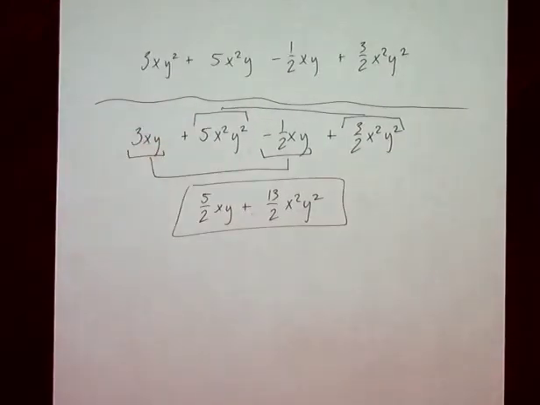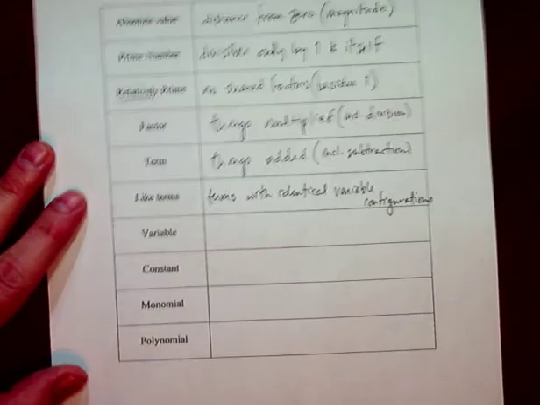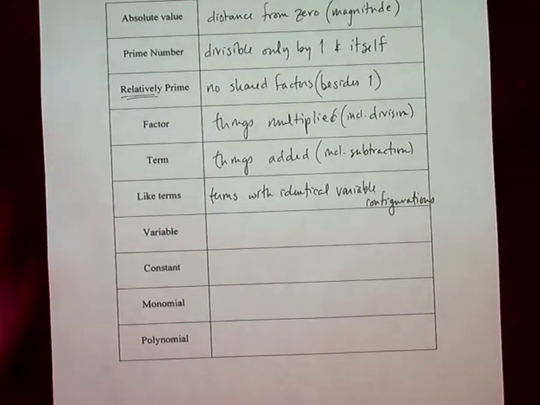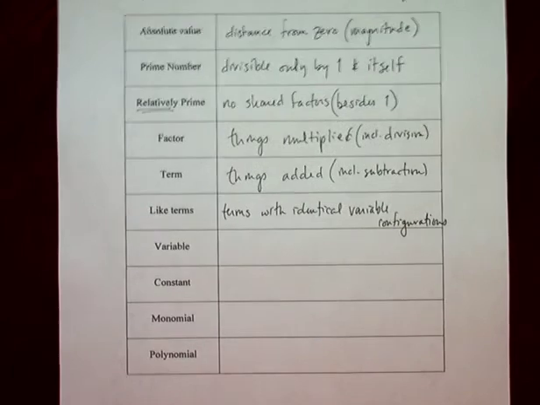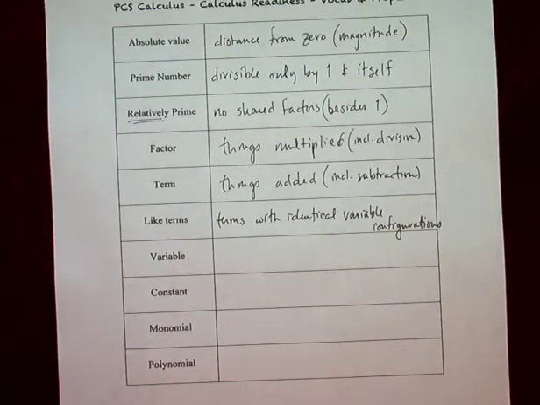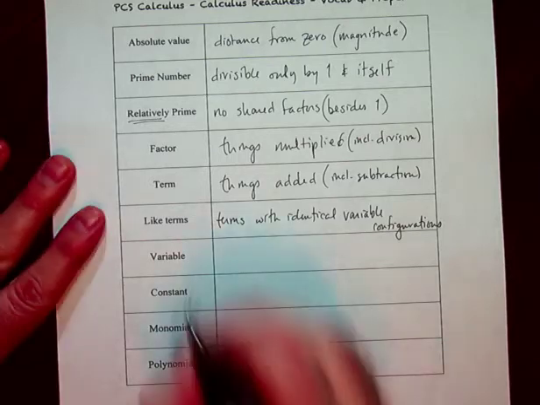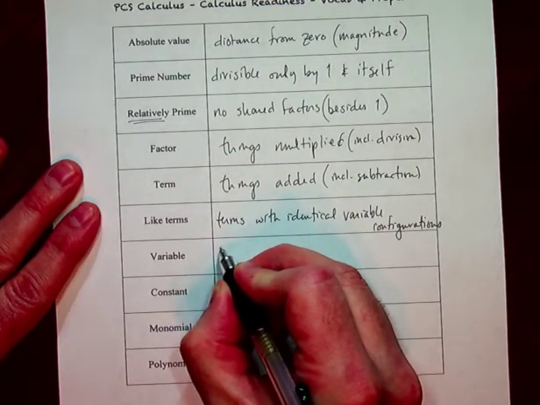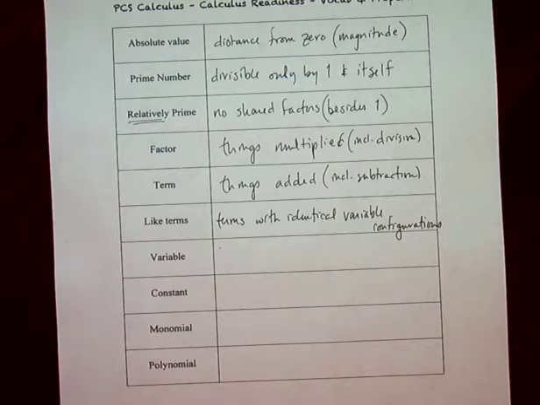Which of course all of this brings us to a very important question: what are variables? Well, variables are basically expressions of value, where the value is either unknown or varies, right?